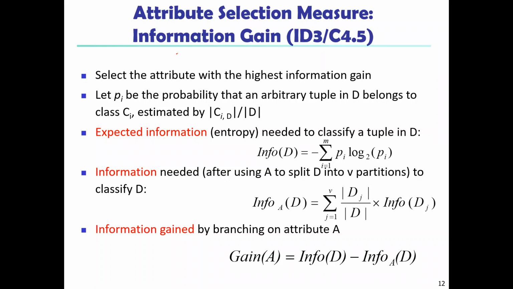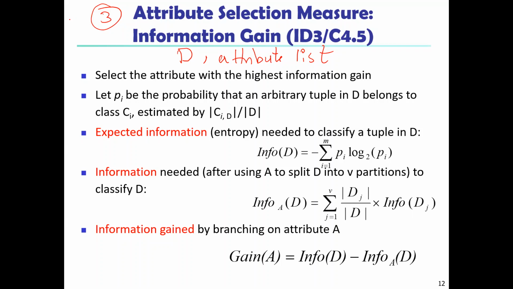One is the dataset, which has all the data partitions of class labels. Second is the attribute list, which contains the list of all attributes in a particular dataset. And third is the attribute selection measure. So these three are the input parameters for the decision tree algorithm.